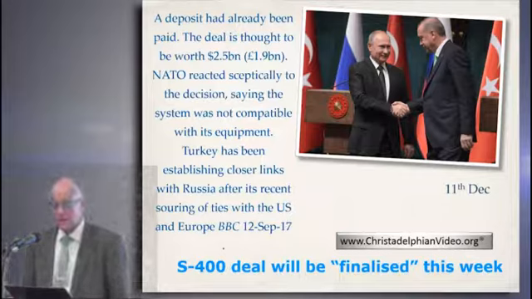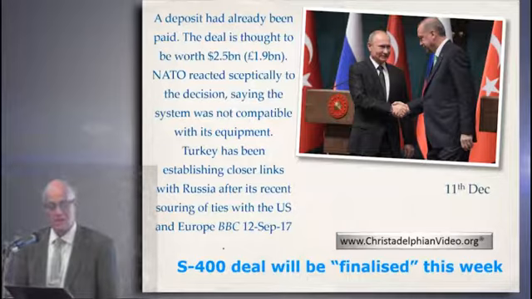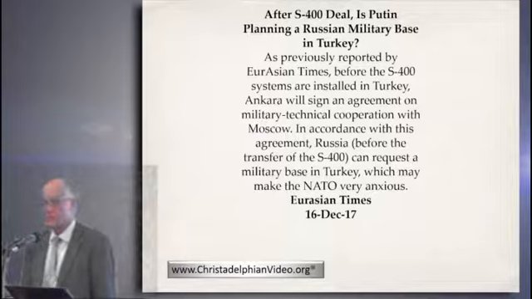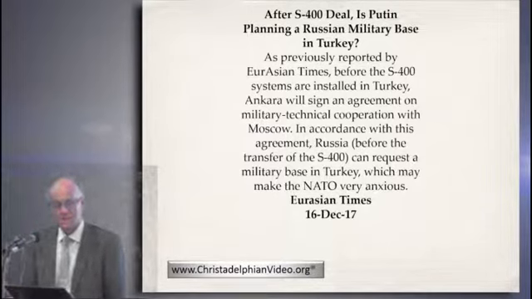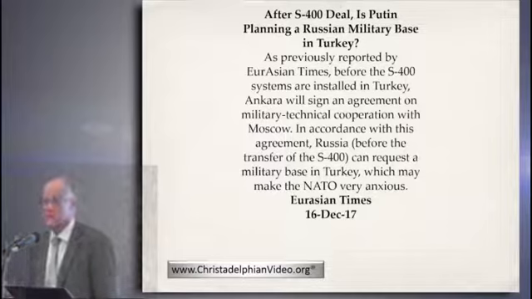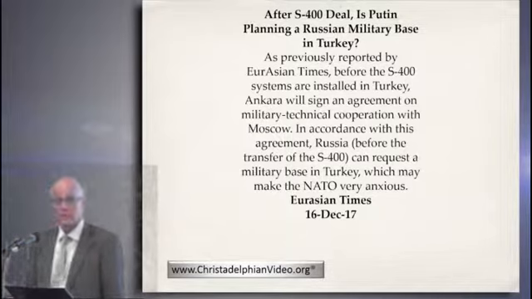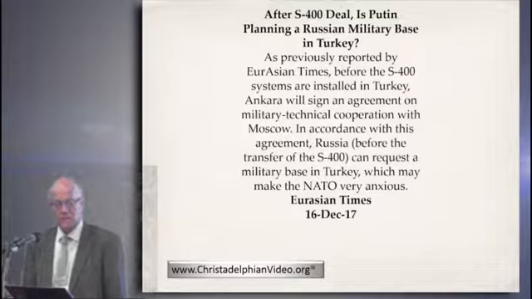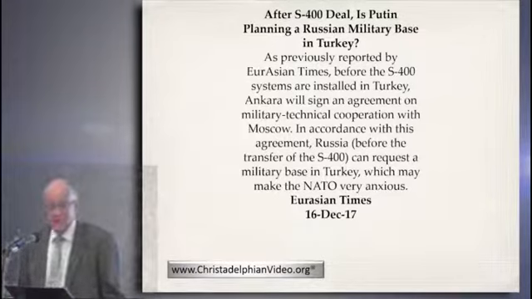And what is being talked about, according to the Eurasian Times a couple of weeks ago, is that as part of the agreement for putting in this system, Russia will be allowed to have a military base in Turkey. That will be a real cream on the situation as far as Russia is concerned, if that was possible.